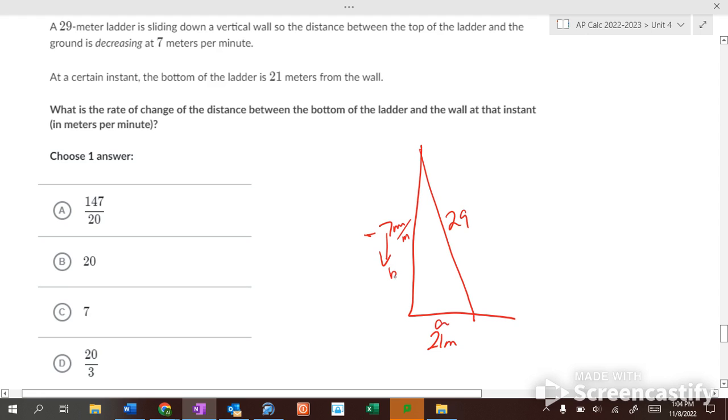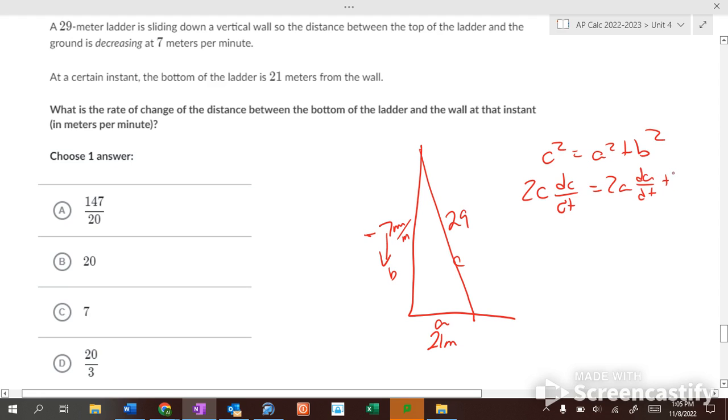So if this is A and this is B and this is C, C squared equals A squared plus B squared. So I suppose we could go 2C dC dt equals 2A dA dt plus 2B dB dt.